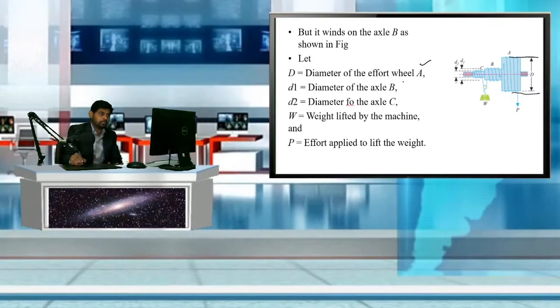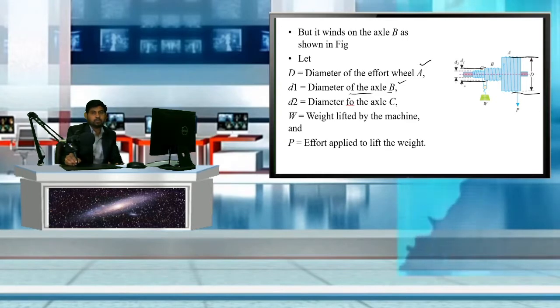After that, small d1 is the diameter of axle B, and d2 is the diameter of axle C. Okay, and W is the weight lifted by the machine, which is on axle B and axle C.